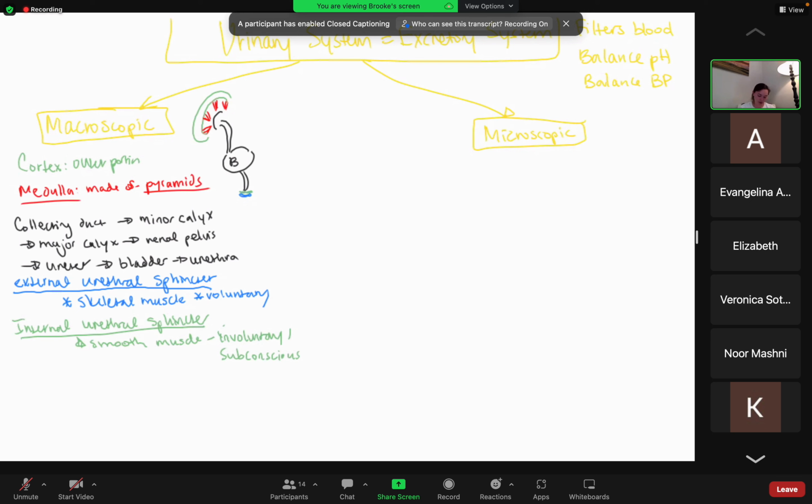We know that the urethra is the actual structure that drains the bladder. The bladder has a little top portion, kind of like the stomach, and this is called the fundus, the top portion of the bladder.